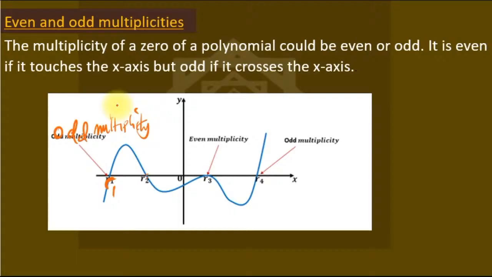R2 is also odd because it crosses. So why is this even? Because it touches, as you can see, at r subscript 3, it touches. So this is even multiplicity. This one crosses again, so it will have odd multiplicity.